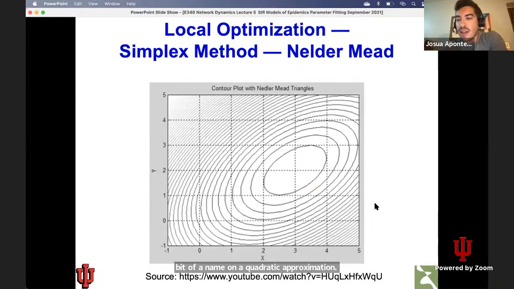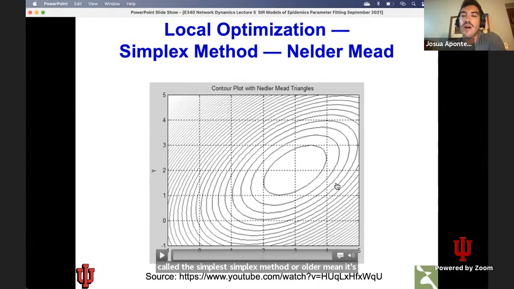A more sophisticated and actually robust local optimization algorithm is what is called the simplex method, or Nelder-Mead. This is quite a common algorithm used in research, and this is an example of how the algorithm works. The idea is that it relies on this mathematical construct, which is a simplex.